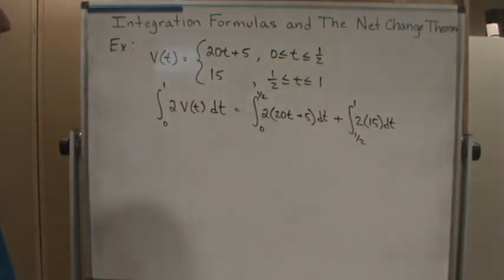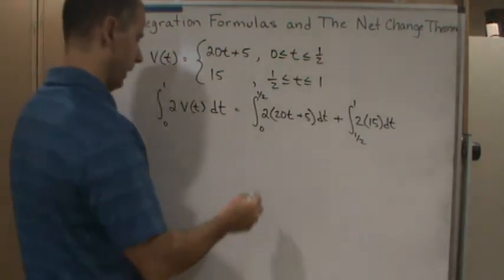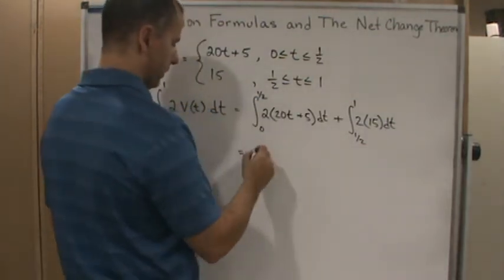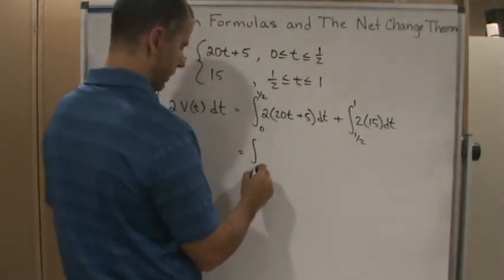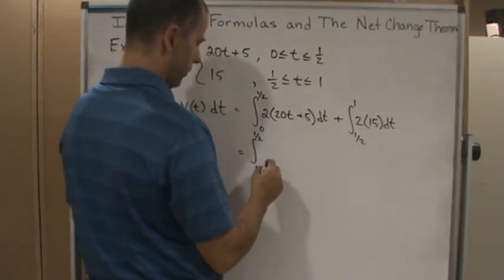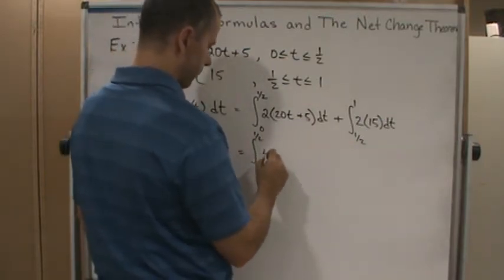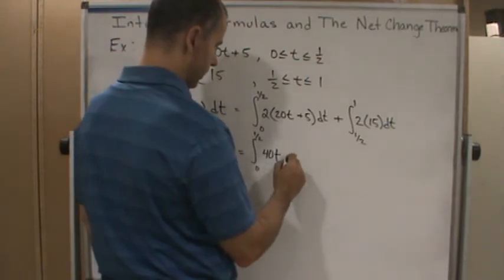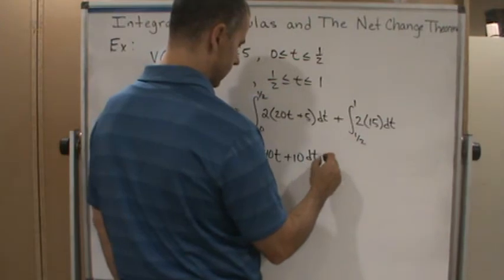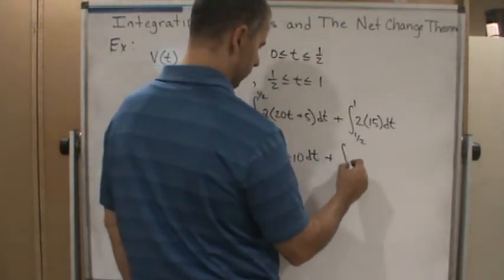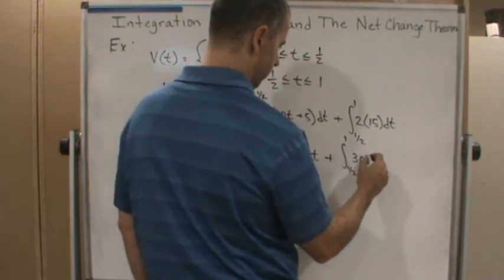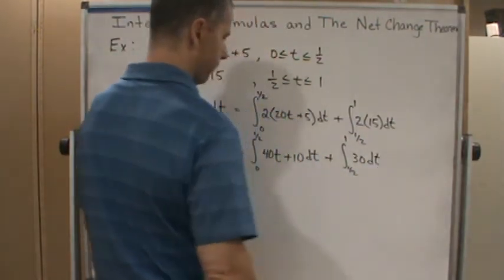Now let's look at this. Simplifying, it's the integral from 0 to a half of 40t plus 10 dt, plus the integral from a half to 1 of 30 dt.